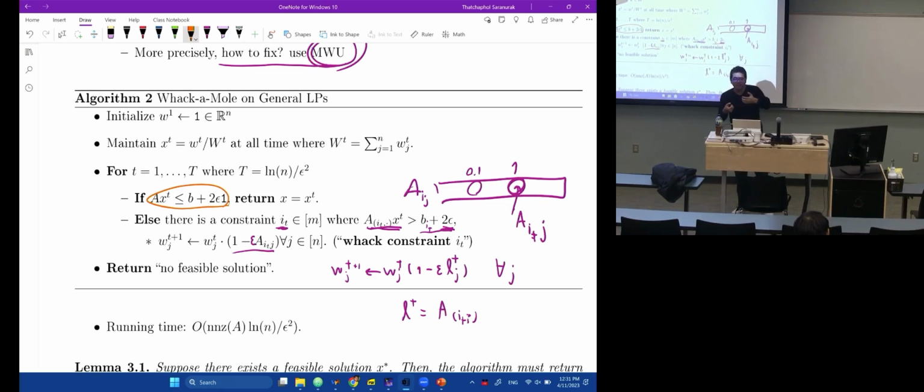So on each round, the regret keeps growing, but you know that weight update has no regret. So this cannot go on forever. And when you do the math, it can go on only for ln n over epsilon squared rounds.